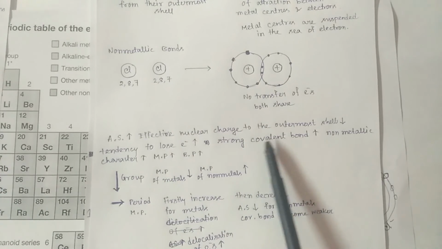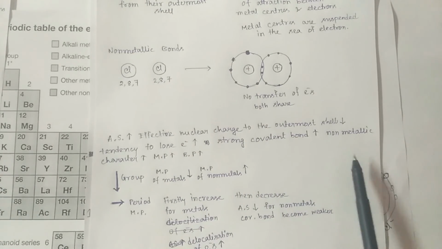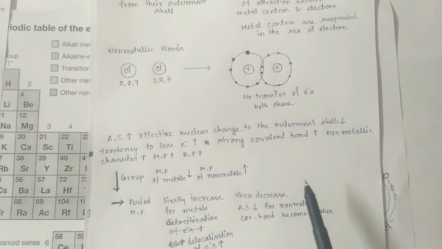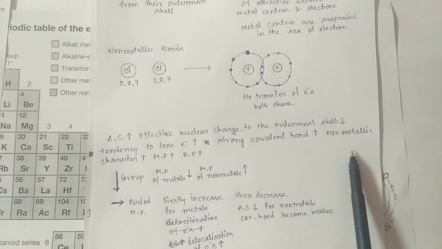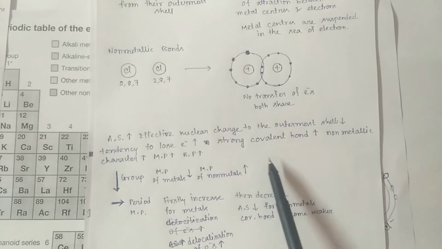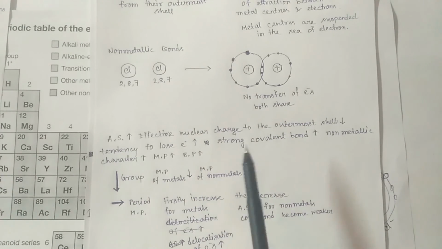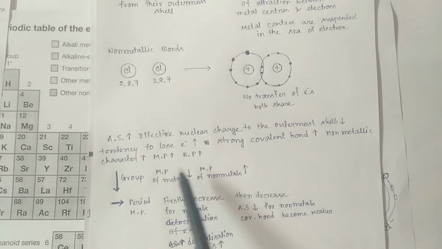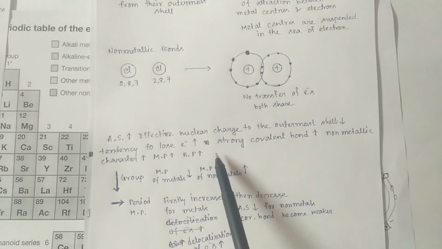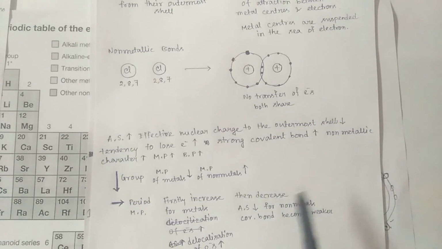The effective nuclear charge on the outermost shell decreases as atomic size increases, and thus the non-metallic character increases. As we move down a group, we find that as the non-metallic character increases, there will be a strong covalent bond, and more energy will be required to break the covalent bond.